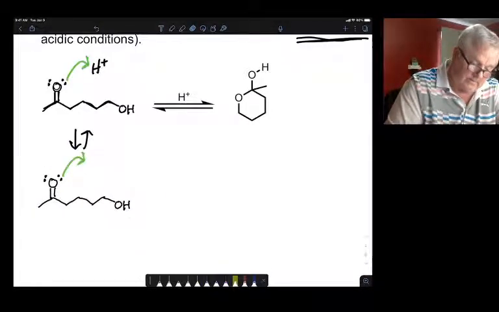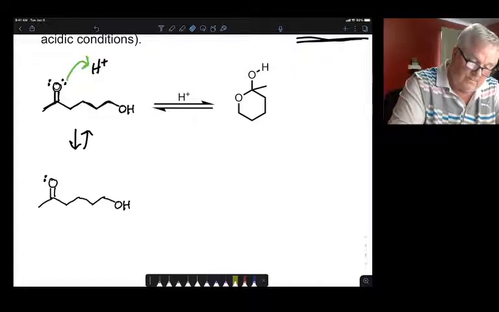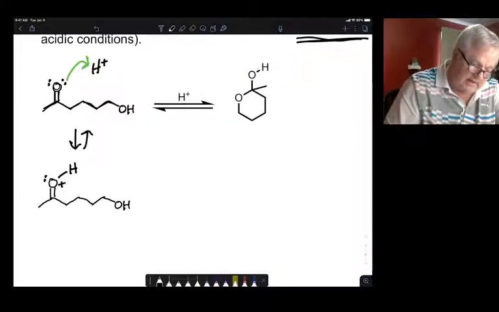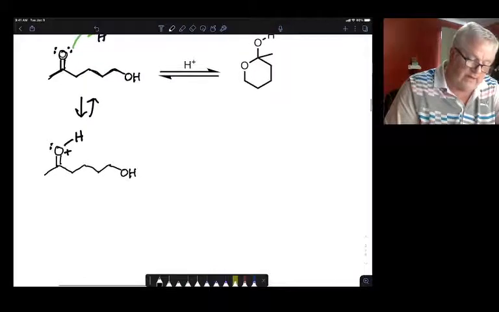Okay, now let's erase that. And we have a proton, so let's erase both those. We'll put a positive charge on that oxygen. Okay, so now we've protonated the carbonyl oxygen.